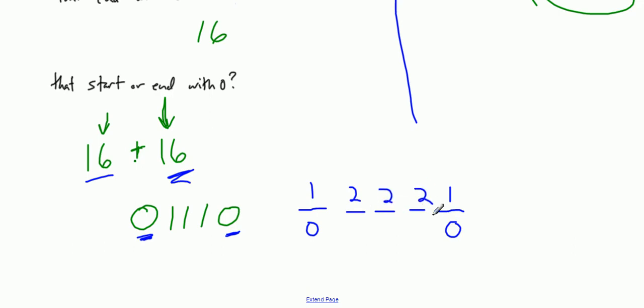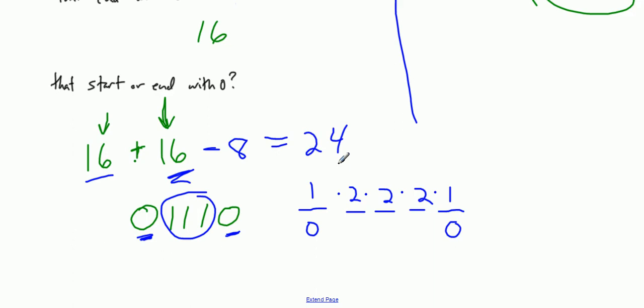So what we see here is that there are 8 that have been double counted. If you vary these 3 digits, any variation of those would still give you a string that starts with 0 and ends with a 0. These 8 here are the ones that are double counted. So it's not 32, it's 32 minus 8, which in fact is 24.